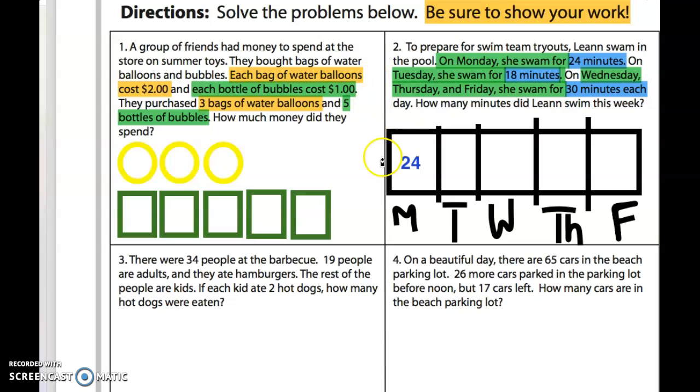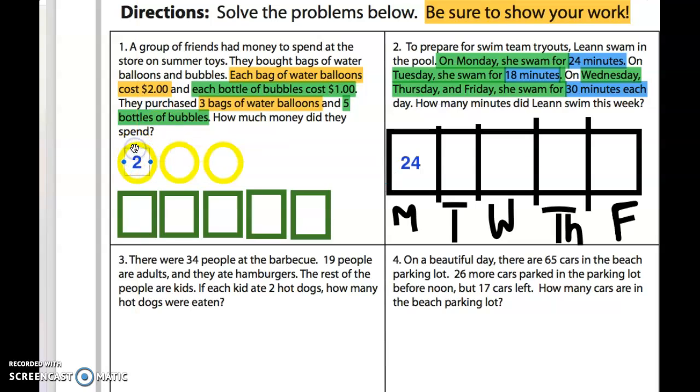So I went ahead and got this ready for us, and I made my water balloons yellow. I knew to draw 3 bags because it said that they purchased 3 bags of water balloons. Now, each bag of water balloons costs $2, so inside each bag, I'm going to need to put $2.